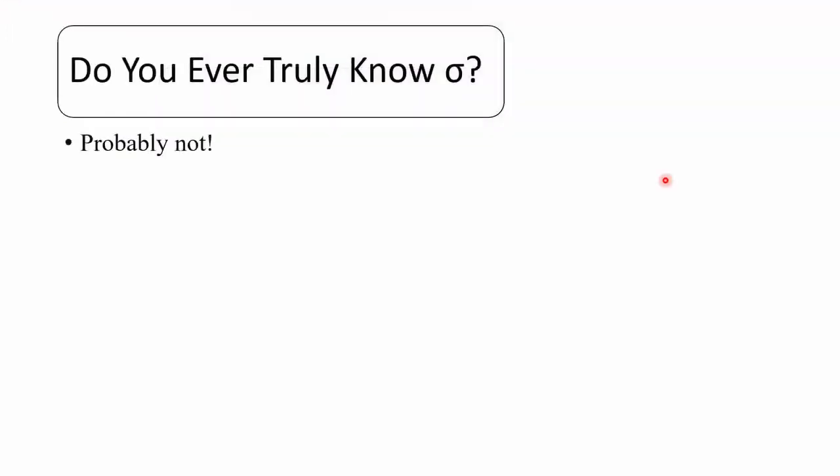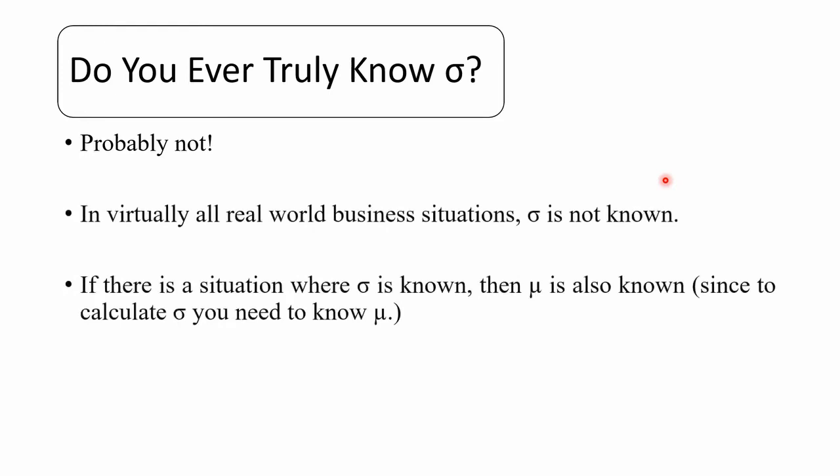Right, so you actually don't know your population standard deviation. In most pragmatic cases, you would not know this. Because if you know your population standard deviation, basically you would be knowing your population mean as well, because in order to calculate the standard deviation, you would need the population mean. Right?